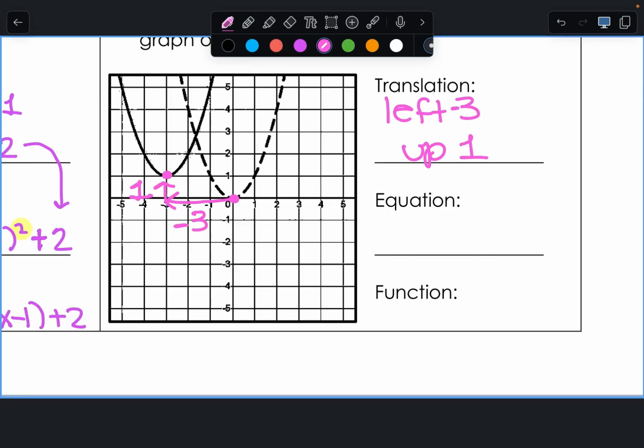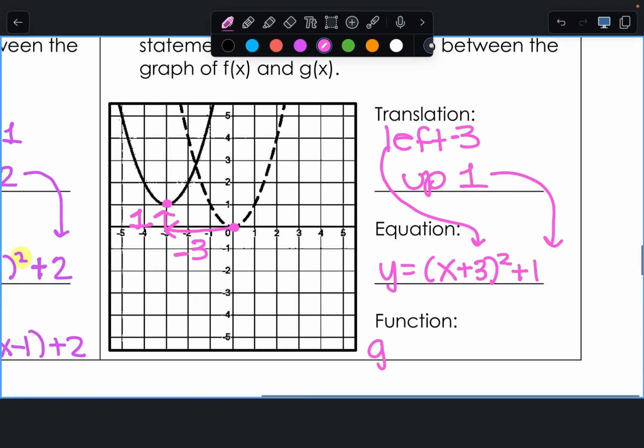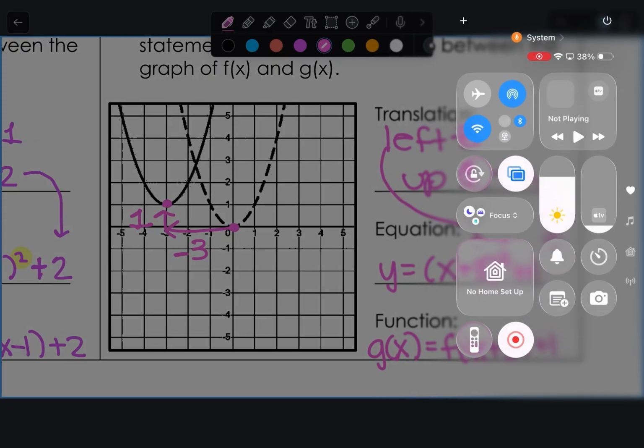Y equals parentheses x plus 3, because we inserted a -3, right? And then up 1 means plus 1. Very good. The name of the new equation? g of x equals f of x plus 3 plus 1. Very good. Questions? Easy, I hope so. Can you go back to the front?